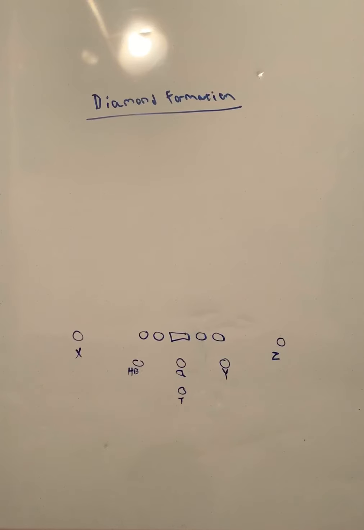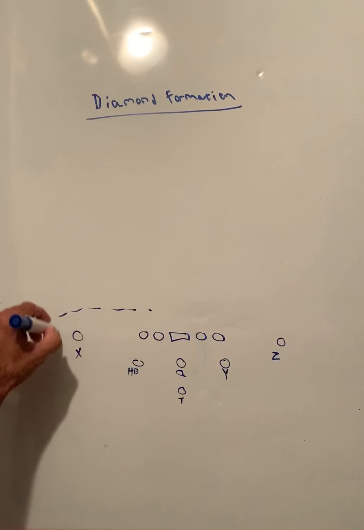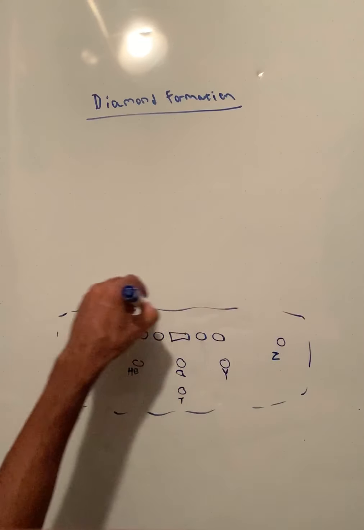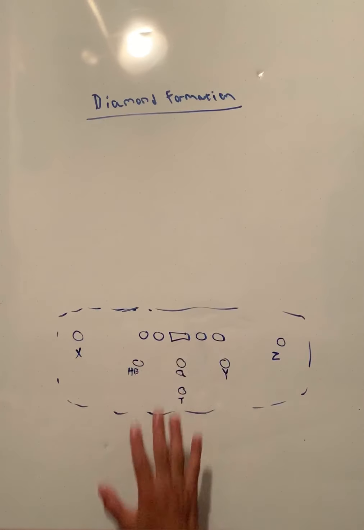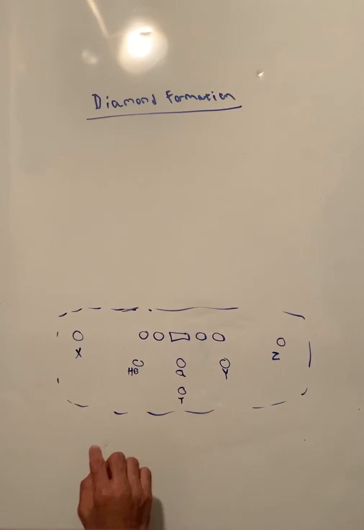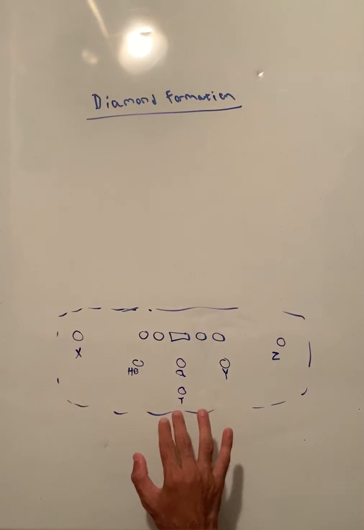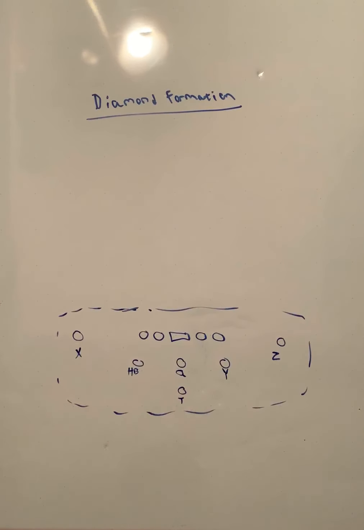So this right here, what I've drawn up is the diamond formation. You can kind of see, I'll just tell you what the letters mean right here. Your X and Z receivers, your 5 O lineman here, your quarterback. You've got a halfback on your left, you've got a tailback behind you, and then you've got your Y receiver.